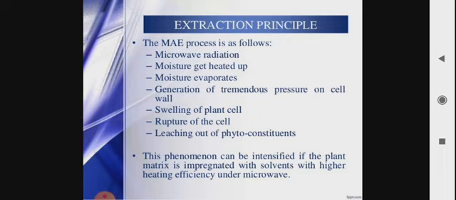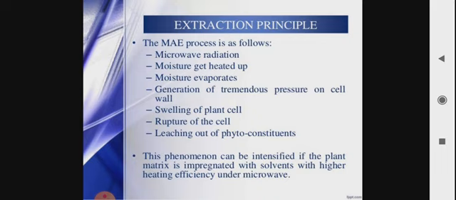In short, when microwave passes through plant material, it heats up the moisture, means moisture is removed due to the microwave energy or radiation, and tremendous pressure develops over the plant material, breaking open the plant material, and solvent easily penetrates into the plant material, and maximum solubilization of the active constituent takes place and comes out.